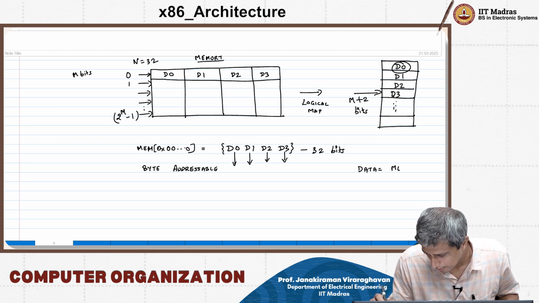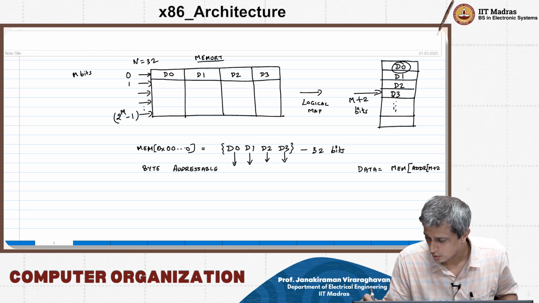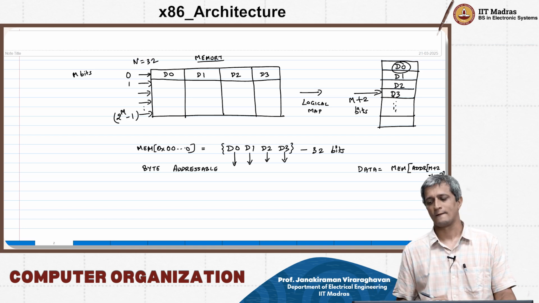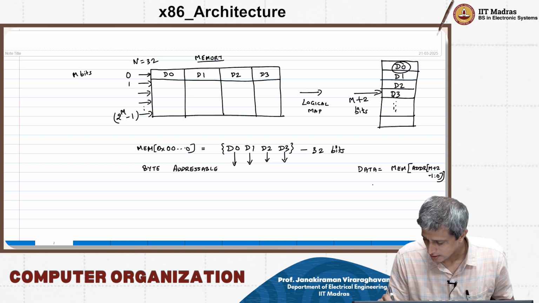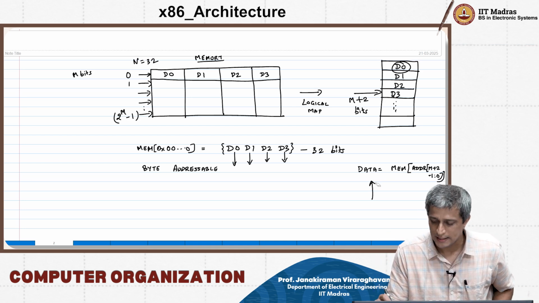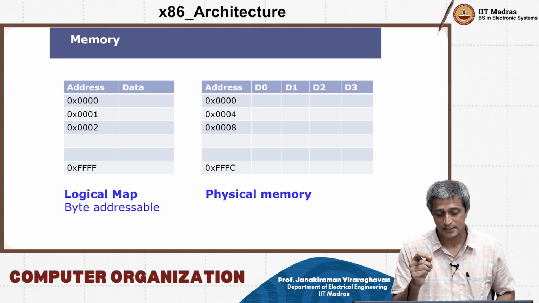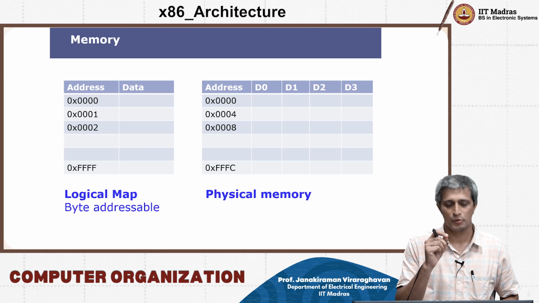So I'll give an m plus 2 bit address and I will get my data equal to memory of address m plus 2 minus 1 colon 0. Okay, so this concept is what we call the logical memory map, and that allows us to access data in a byte addressable manner.